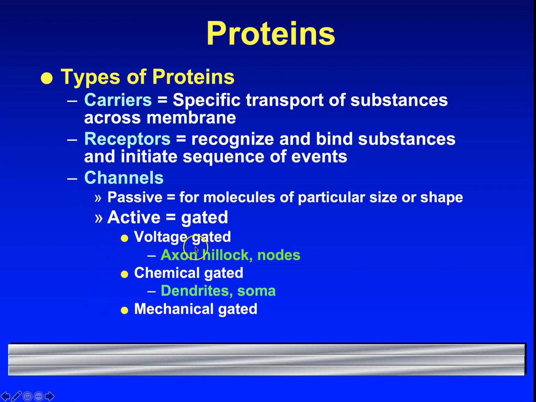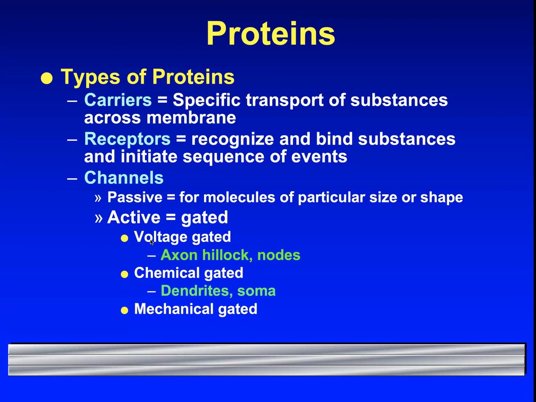There's a gate. And some are voltage gated, some are chemical gated, and some are mechanically gated. What I mean by this: a voltage gated channel, if you took physiology, you remember this, I hope, is closed at rest, but when it hits the magic voltage, the voltage that opens up the channel, the gate opens, and now sodium, for instance, can get on. So a voltage gated sodium channel is closed at minus 70 millivolts, closed at rest.